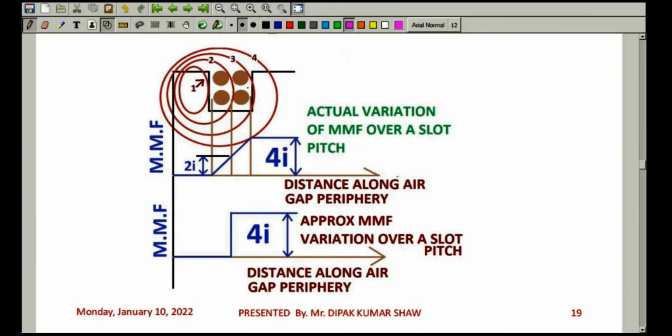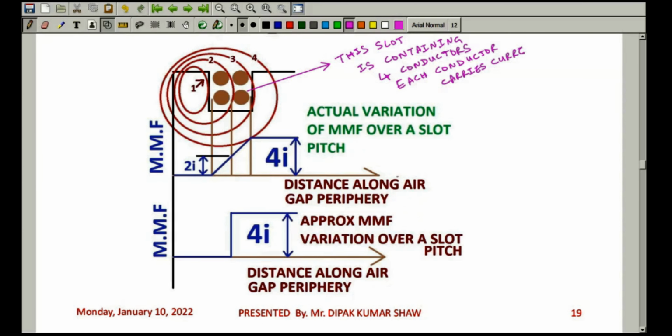This portion is the slot containing 4 conductors. Each conductor carries current I.